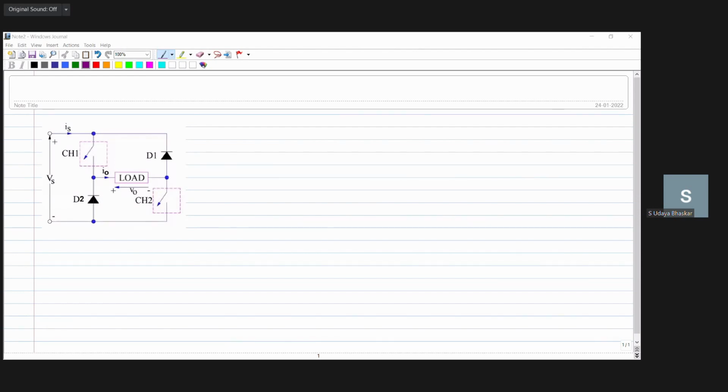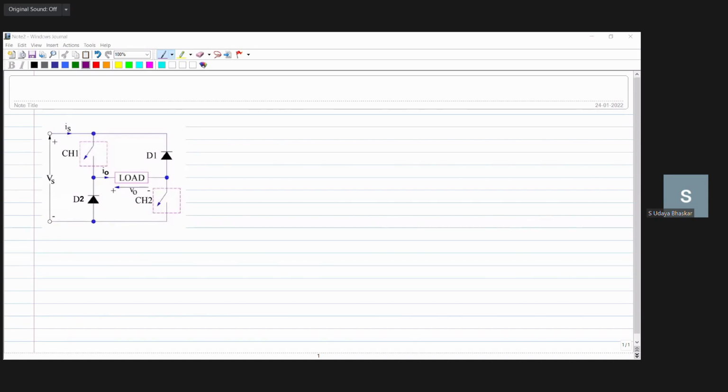slowly the inductor L allows current. How this will be, that I will explain you here. Whenever the switch is in open condition at T is equal to 0, no current will flow, because when the circuit is in open condition, the current will not be flowing through the circuit.